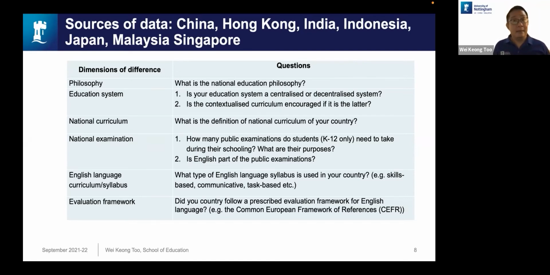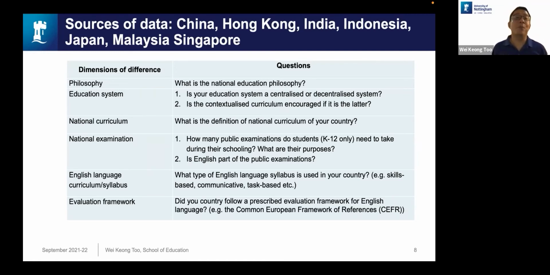Because certain countries have very clear guidelines on national curriculum, where all the subjects like mathematics, science, language will come from the national curriculum framework. I believe all the countries have that. However, how is it being translated into the English language policy and curriculum? That is something to look at.